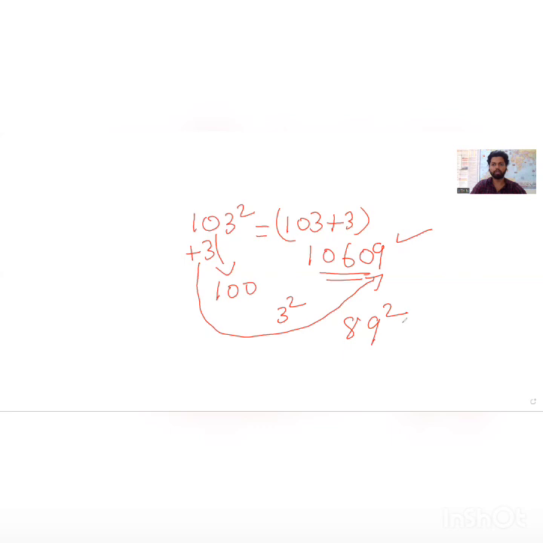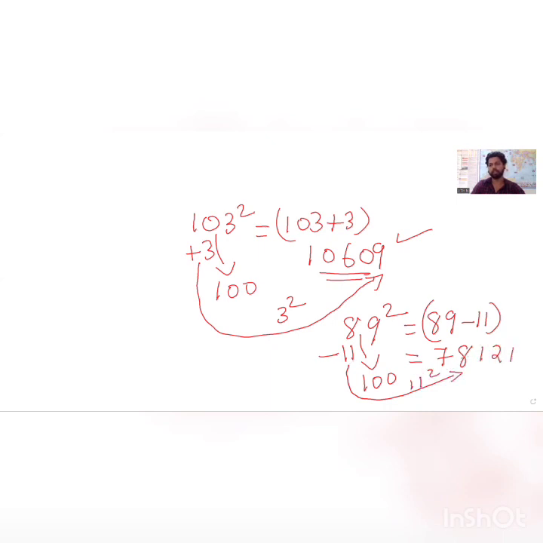Now what will happen if the square of the difference is 3 digits? So take 89 square. Using the same method, base 100. So 89 is less than 100 by 11. So our first step is 89 minus that difference, 11, is 78. Then the next step is 11 square. What is 11 square? 11 square is 121. Right. So we get 78, 121.